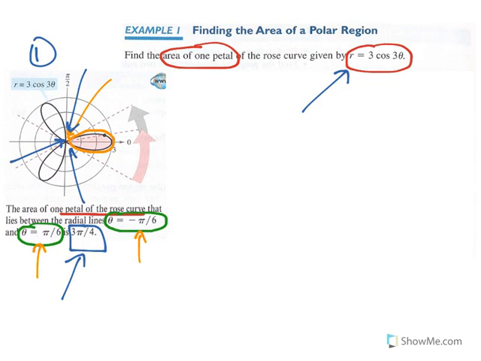That's the first step that you need to do. Look at the graph, make the visual observation that each petal of the curve starts at the pole and ends at the pole. So set r equal to 0 in your polar equation and solve for theta to determine the values of theta that will give you points at the pole for the curve.